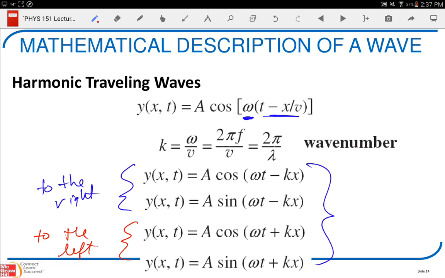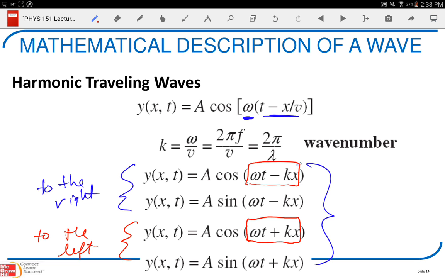The minus and the plus. The upper one, omega t minus kx. If those signs are opposite, then to keep this argument constant, as time goes up, x must go down. This one here, they're both positive as time goes up.